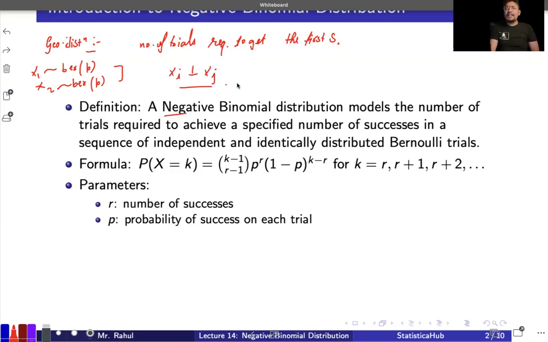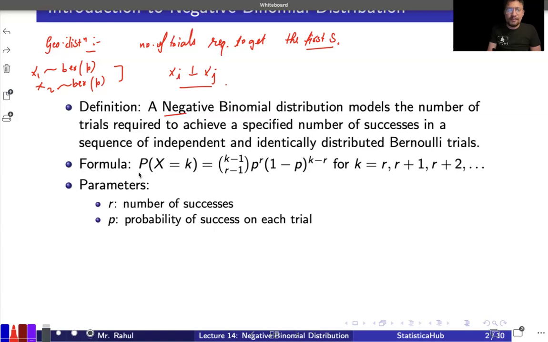Okay, so that is the idea: you have an infinite number of Bernoulli trials, or some number of trials. And in this particular part, in spite of the first success, we are counting a certain number of successes. That means how many trials are required to get R number of successes, or K number of successes, anything.